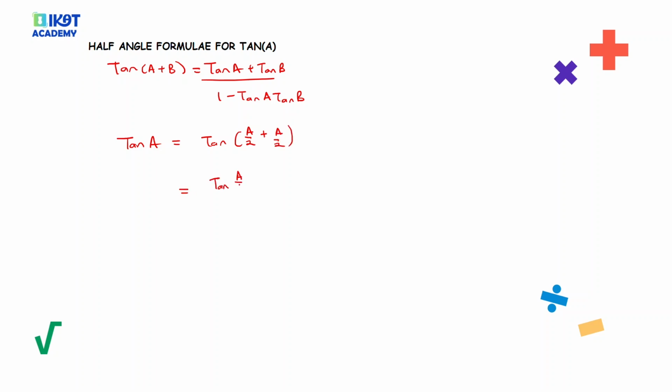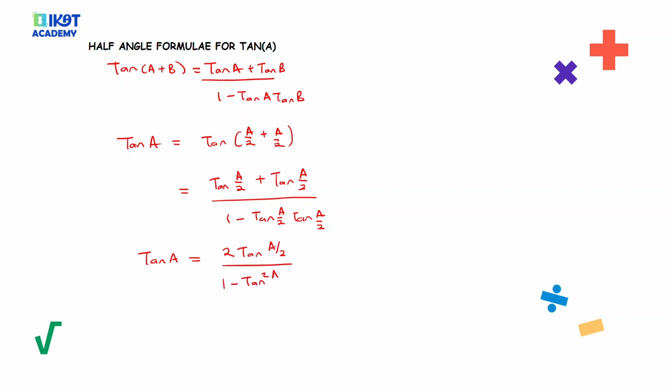So this is equal to tan A/2 plus tan A/2 over 1 minus tan A/2 tan A/2. So this means tan A is going to be equal to 2 tan A/2 over 1 minus tan squared A/2. So this is the half angle formula for tan A.